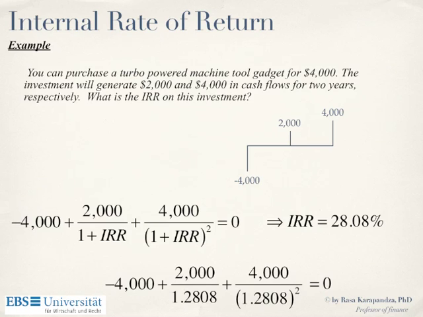Now, try to think about why the yield to maturity of a bond is the same thing as the internal rate of return of a bond. You see, if you put this market price to the right-hand side, the internal rate of return of a bond is what makes the bond's present value equal to its price.